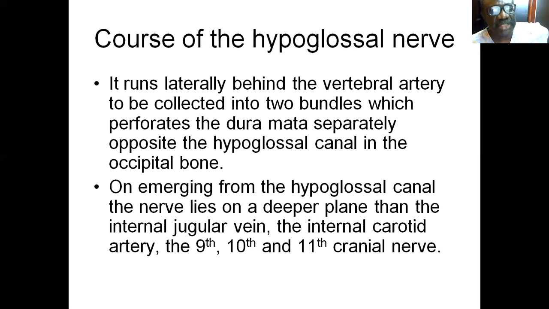On emerging from the hypoglossal canal, the nerve lies on a deeper plane than the internal jugular vein and all these other structures, that is, the internal carotid artery and the 9th, 10th, 11th cranial nerves.